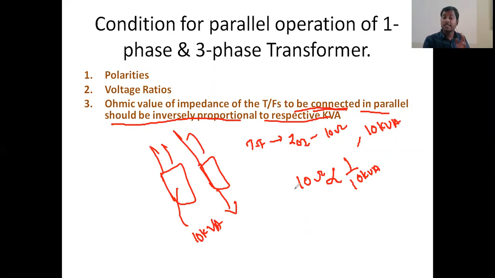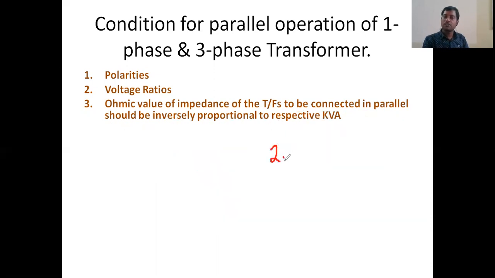So the ohmic value of the resistance of each individual transformer must be inversely proportional to the rating of the transformer. Nothing but ZA is inversely proportional to SCA, the rating of the transformer. If the rating of the transformer increases, the impedance must decrease.